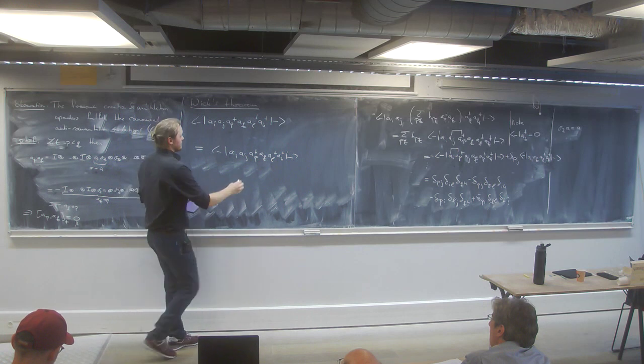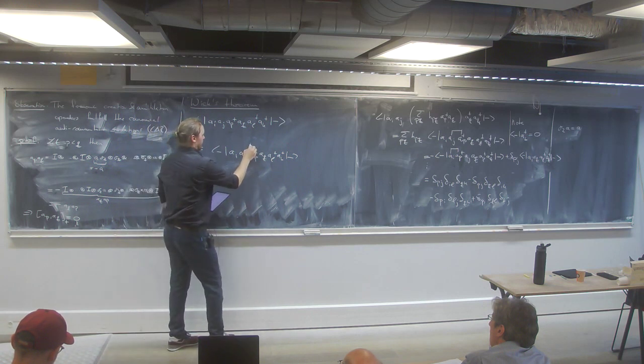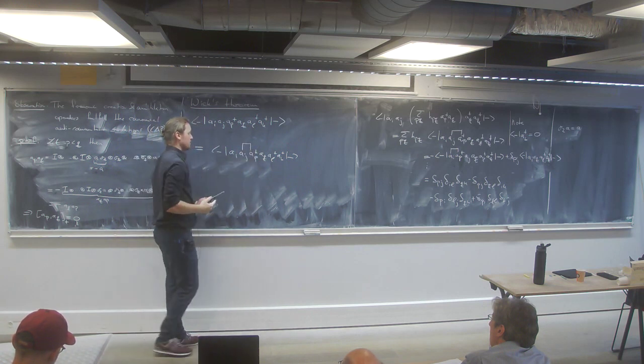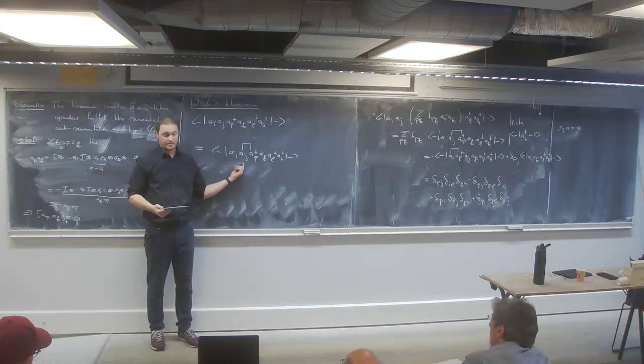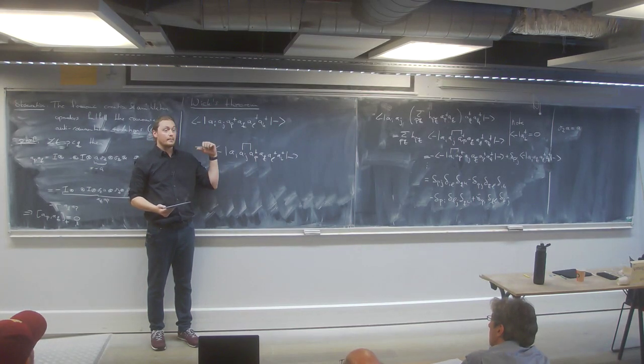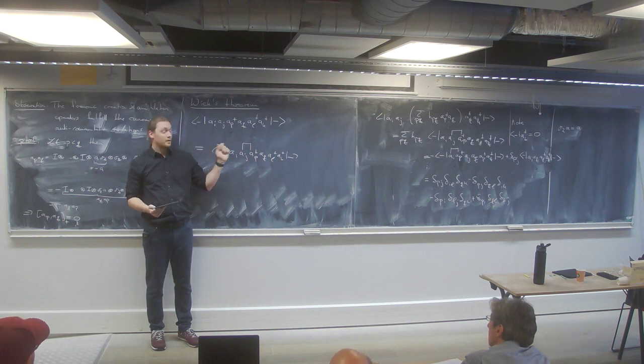A contraction means I draw a bracket on top of a pair of creation and annihilation operators. It always has to be a creation and an annihilation operator that I connect with such a bracket. And I'm only allowed to connect creation operators that stand to the right of an annihilation operator. These are the rules of the new game. So how many contractions can I form in this way, looking at this string?